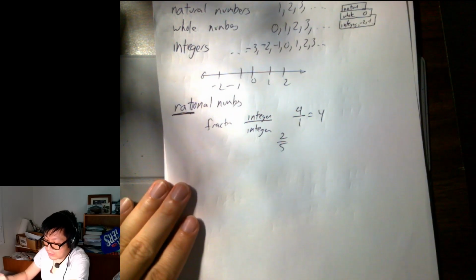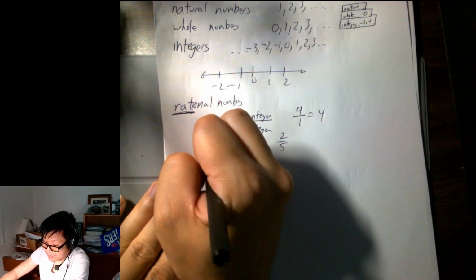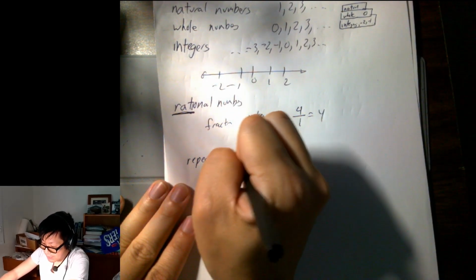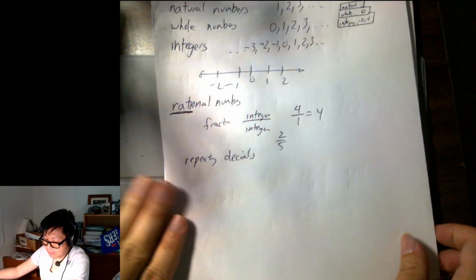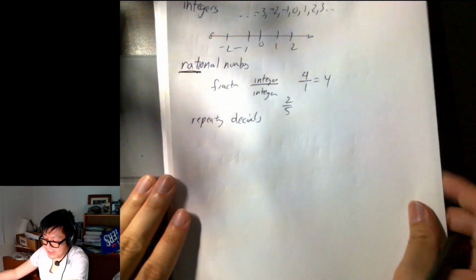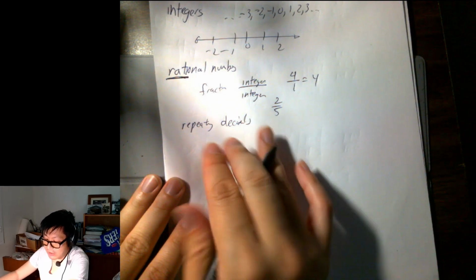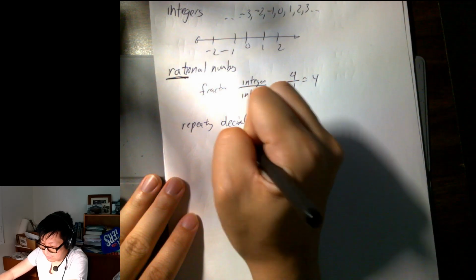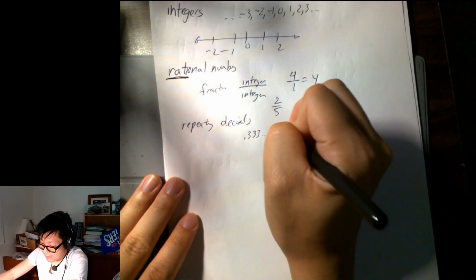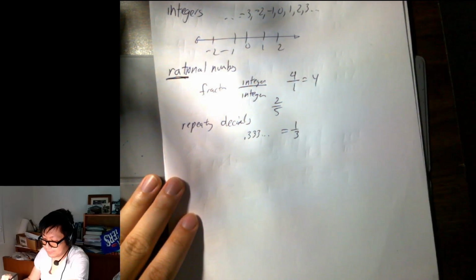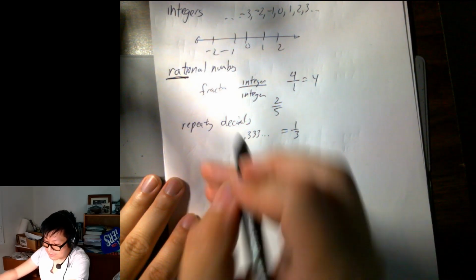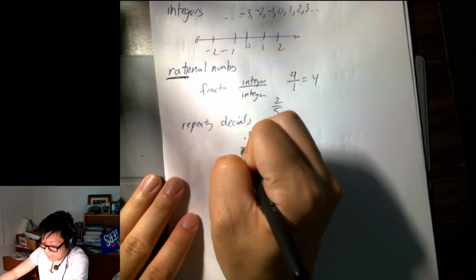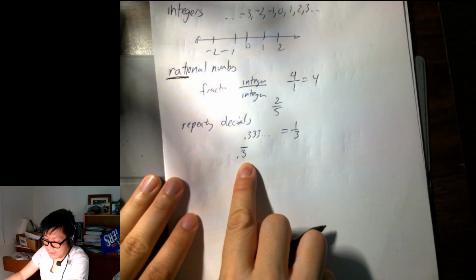Rational numbers also include repeating decimals. In your class, you may learn a little bit later how to convert a repeating decimal into a fraction. However, the simplest repeating decimal, 0.333, going on forever, is 1/3. We represent repeating decimals by having a bar over the repeating part.